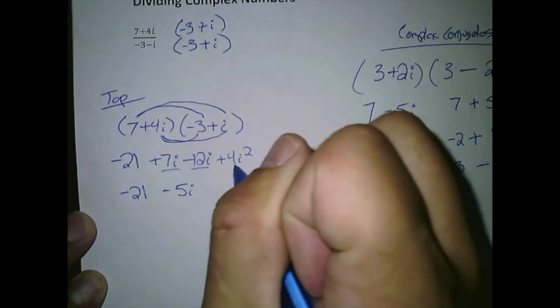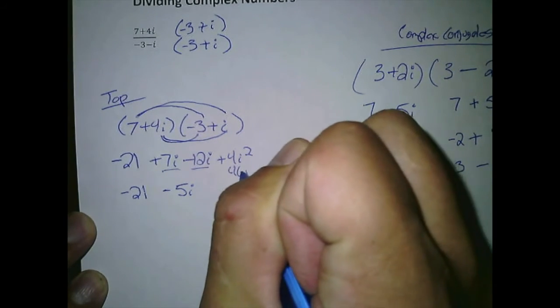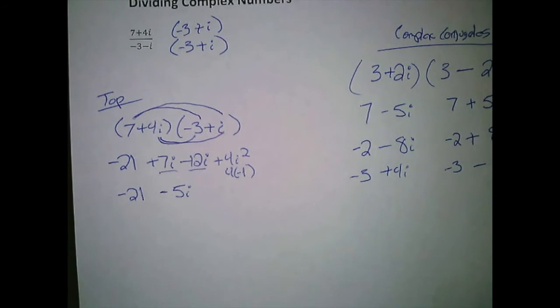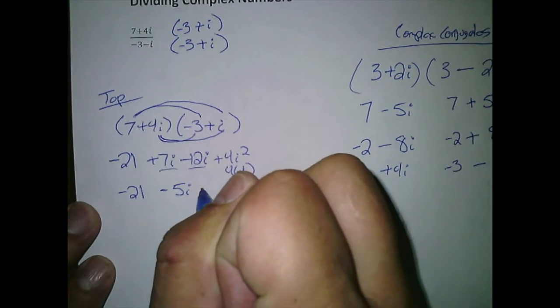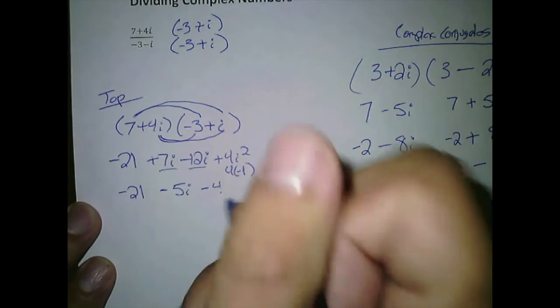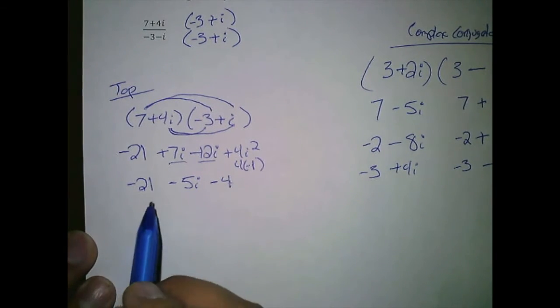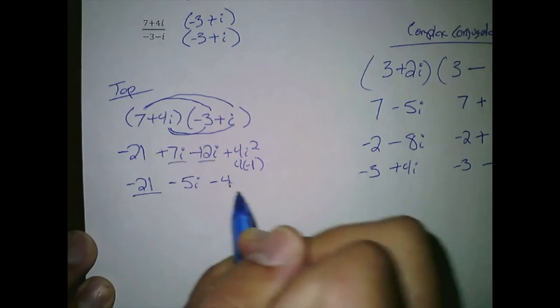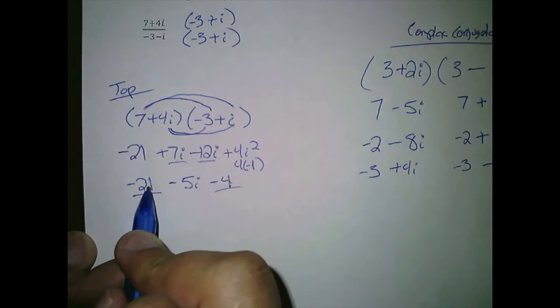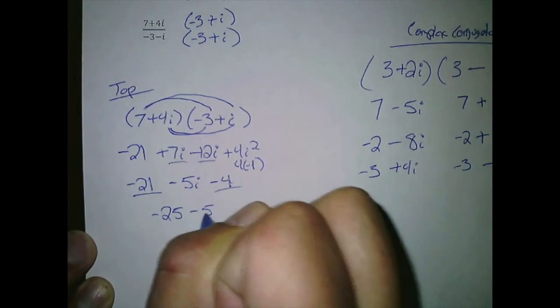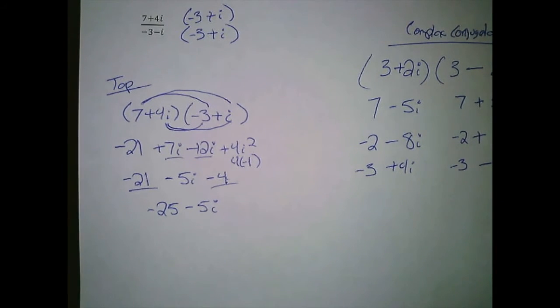We remember that i squared represents -1. So instead of 4 times i squared, I really have 4 times -1, which is -4. Continuing to simplify, I have like terms of -21 and -4. -21 minus 4 takes us to -25, and we still have a minus 5i.